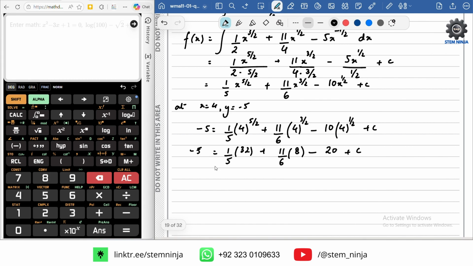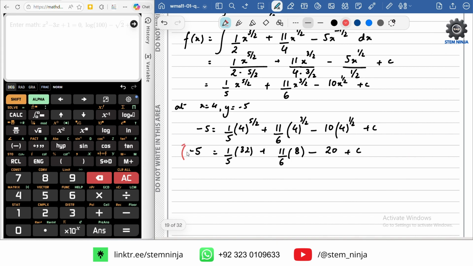Okay. Now, to resolve this, you can multiply both sides by 30, just to get rid of these denominators. Or even if you don't do that, then that's perfectly fine, because we just need the value of c.